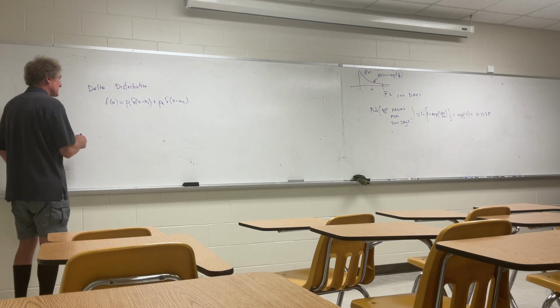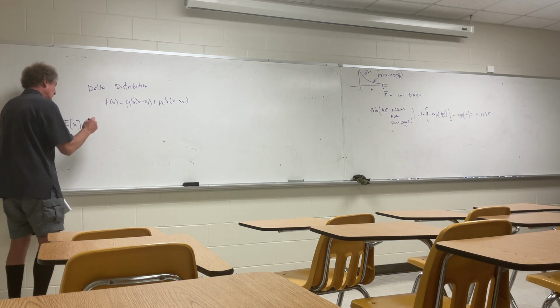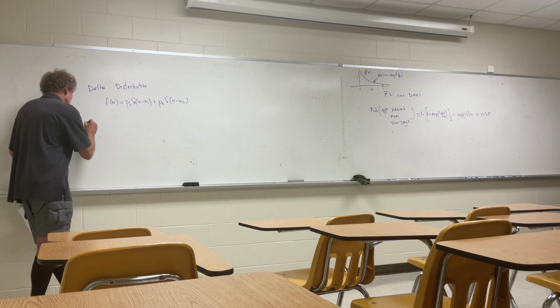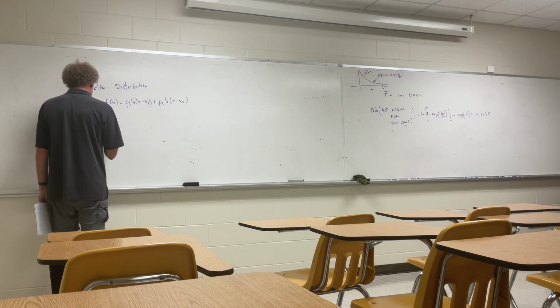If you think about this, just tell me your gut: what would be the expected value of x for this one? Well, instead of an integration, we have a summation, right? So technically it'd be the summation of x of i, where i equals 1 and 2, of that value times the probability of x of i.